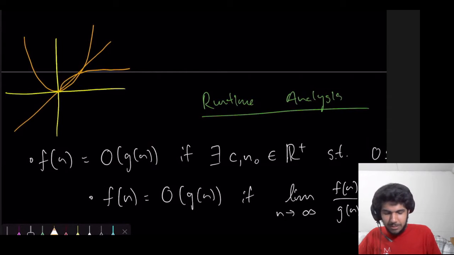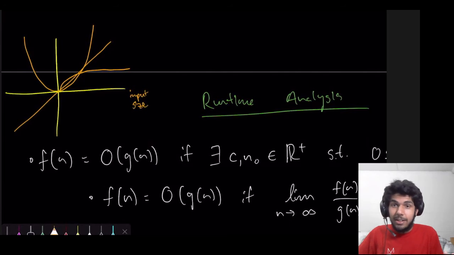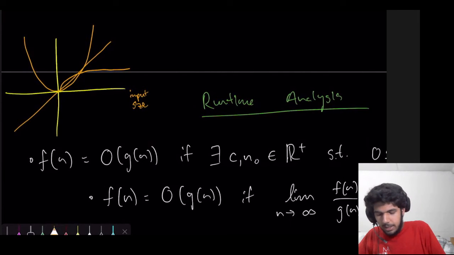So there's different types of graphs that we have, and we can see that the n squared graph grows much quicker than the n graph. What we're graphing here is, the x-axis is our input size, that's like the letter n, how large our input is, and the y-axis is time.